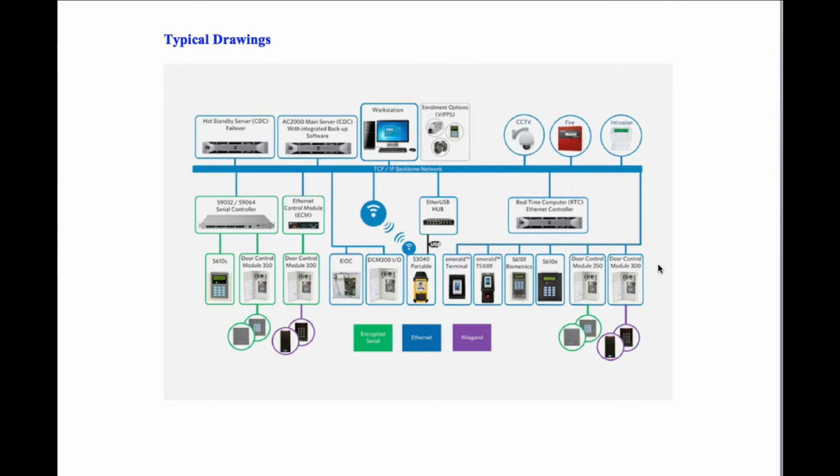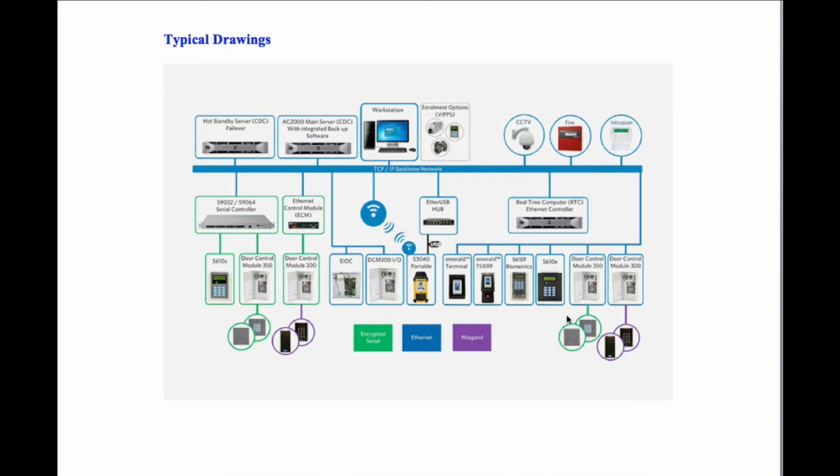Now, these door control modules are not installed in the door itself. They'll be located somewhere close to the door, because the wiring between this module and the backbone data network is slightly different. This is going to be your Cat6 cabling here, and this is going to be your local wiring by your access control guy.